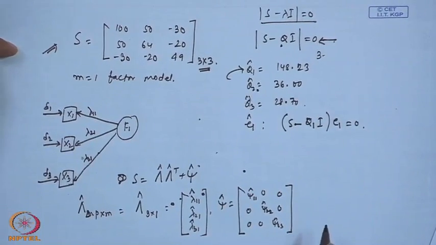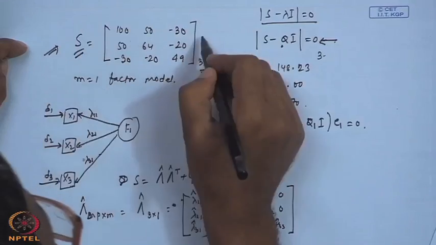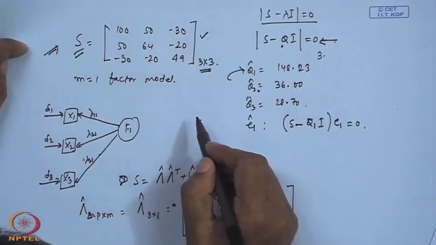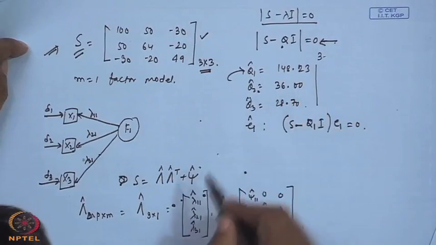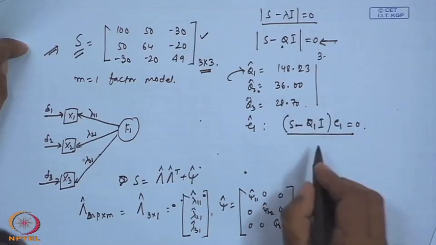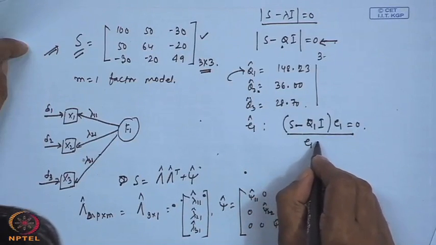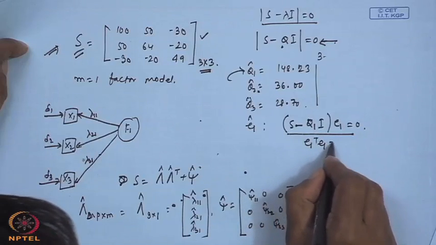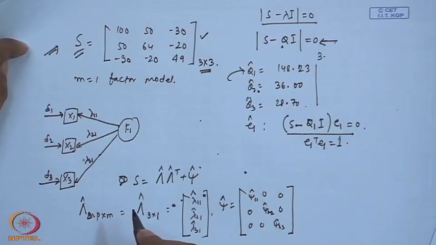So our first step is S is given. The second step is to find the eigenvalues, these are the eigenvalues, then find the eigenvectors. So you put this, subject to U1 transpose U1 equal to 1.